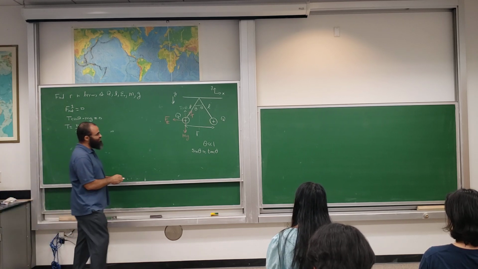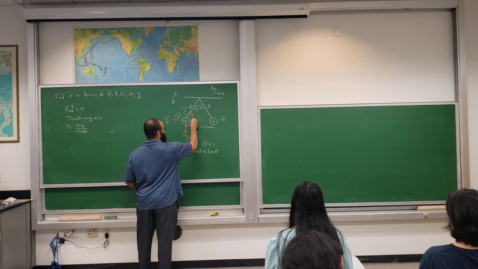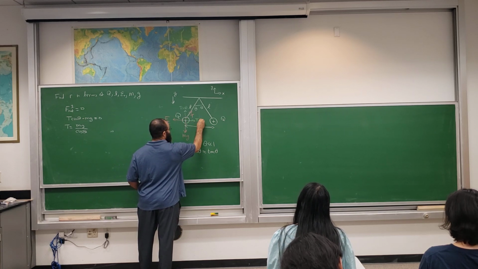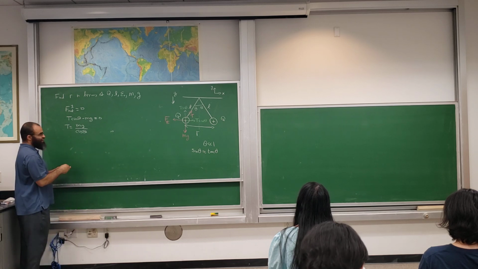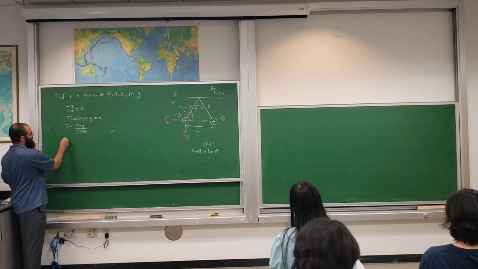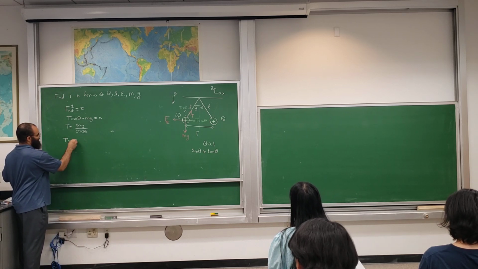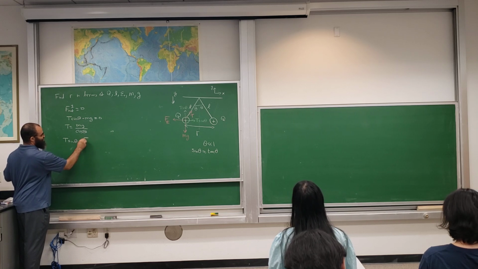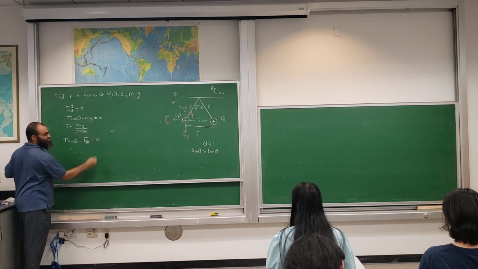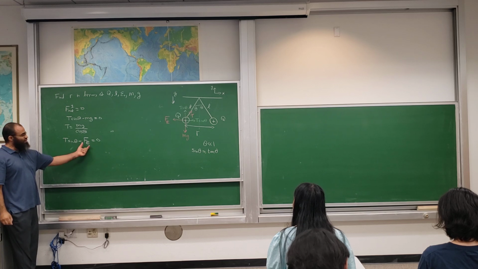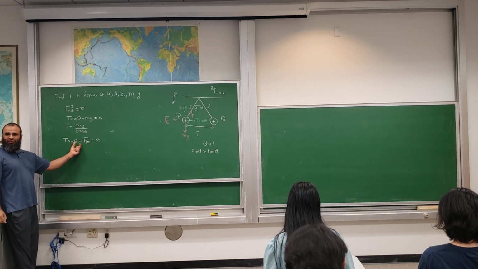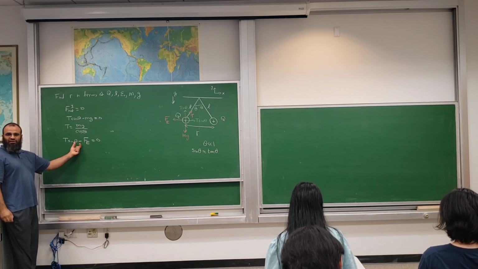How about in the x direction? This way it's T sine theta, right? And then the electric force to the left, and the net must be zero. So the tension times the sine of theta minus the electric force equals zero. The tension sine theta is to the right, the electric force is to the left, so I put a minus sign to account for it being left.